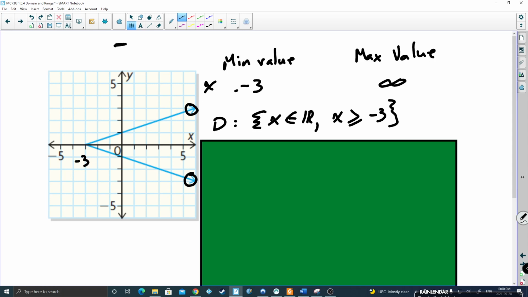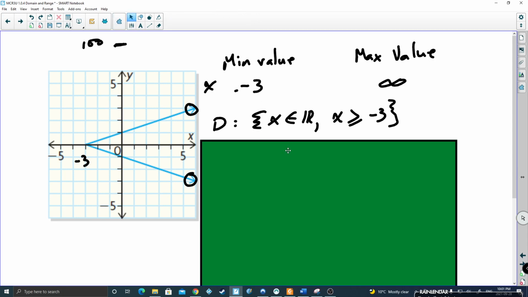If I go all the way up to like positive 100 on my y-axis and I go over, at some point I'm going to be touching my graph. So there is going to be a point at positive 100, at positive 1,000, at positive 1 million, at negative 1 million. There's going to be a point on my graph because of those arrows.